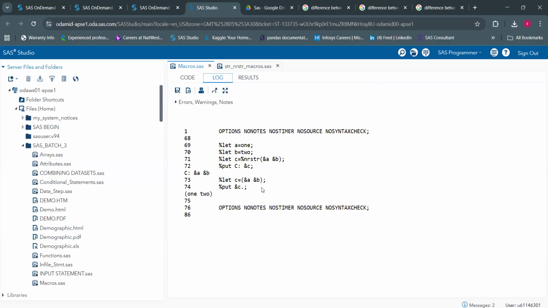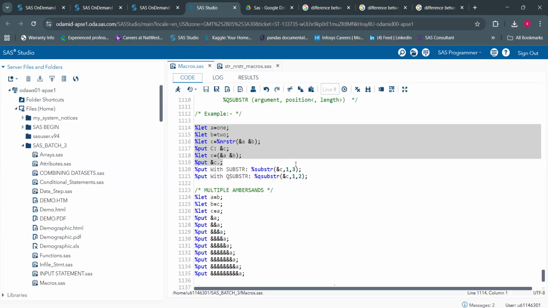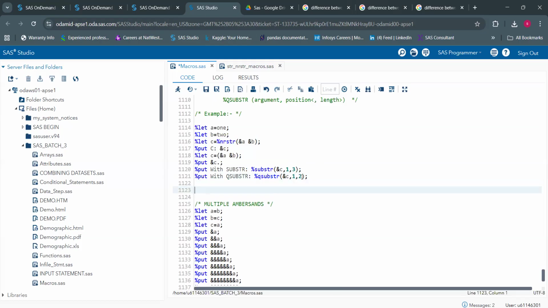So here what's happening is, we considered ampersand 1 comma 2, right?